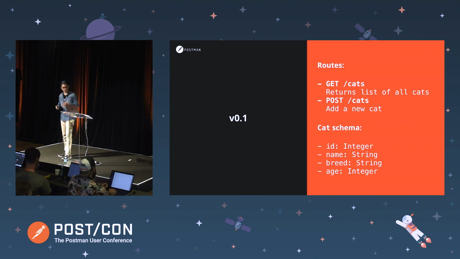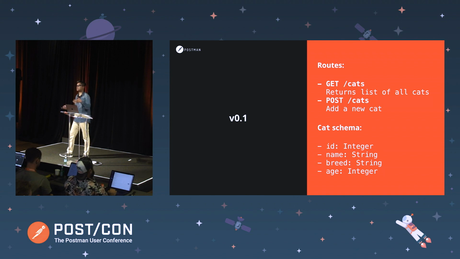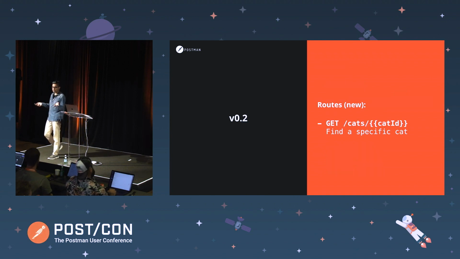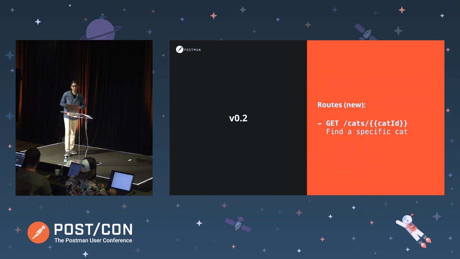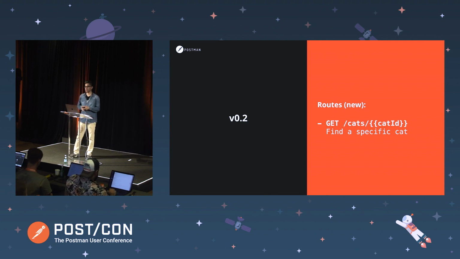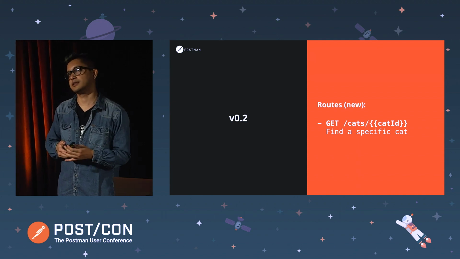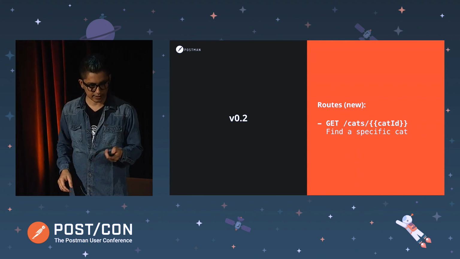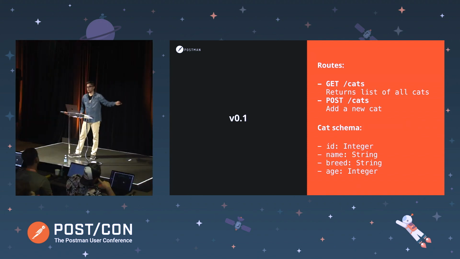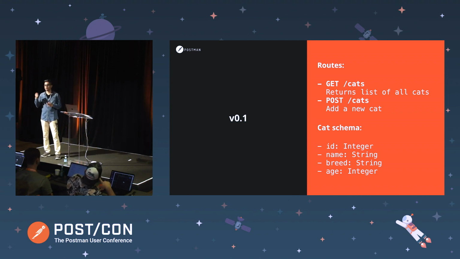Because in the previous one, we had the get/cats, which would have returned a list of all cats. And we'll then add a specific one, which when given a cat ID, will return a specific one. But the data model that we'll use for cats is still the cat schema that I showed here, which means it might return an object if it is a single entry, or it might return an array of objects.